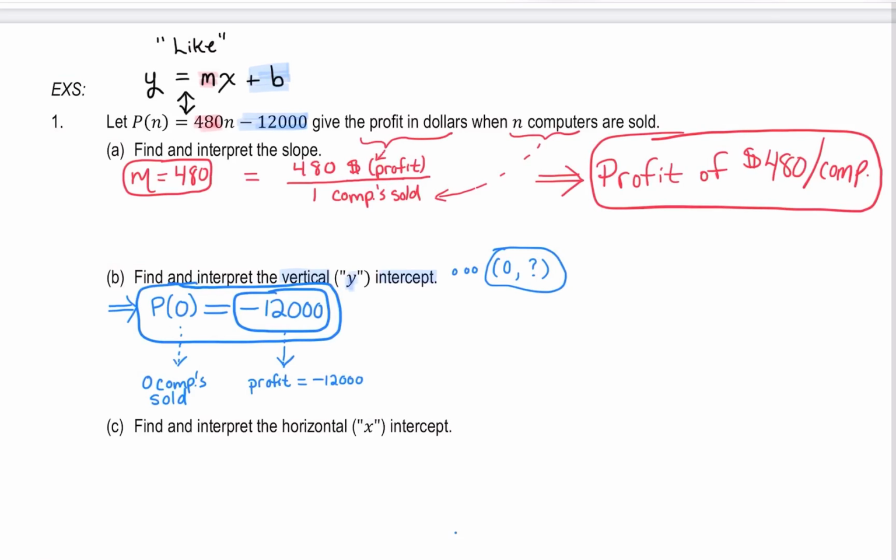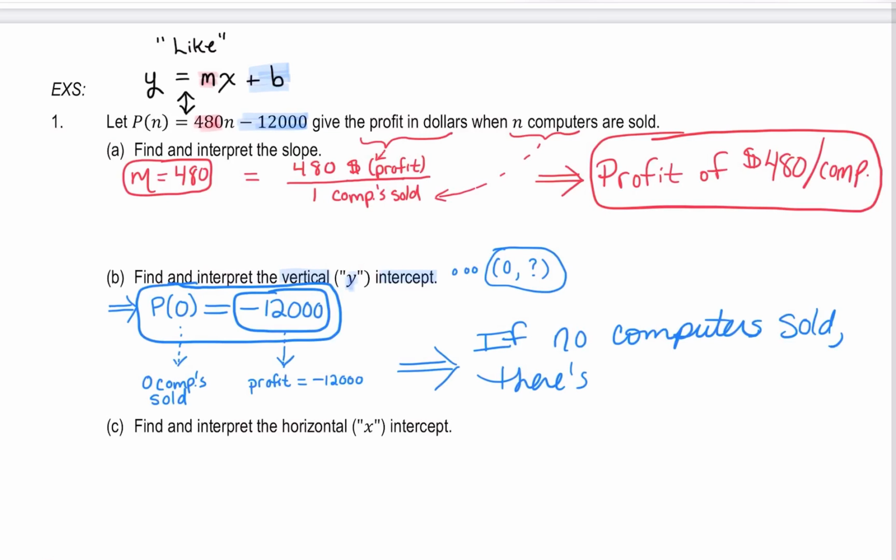So if we pull this together for our interpretation, this is going to tell us that if there are no computers sold, so if nothing sells, they have a loss. There's no profit. They didn't even break even.